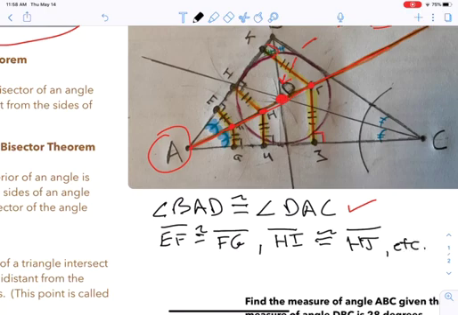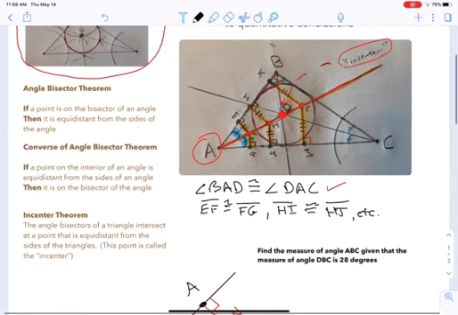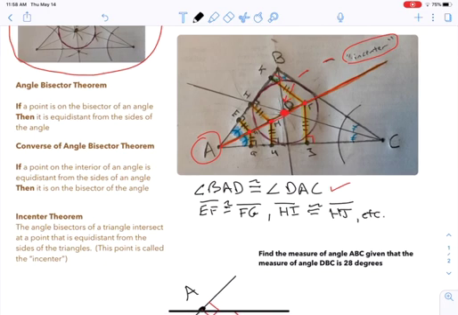With that said, I think that we're ready to go to some new theorems. We have what's called the angle bisector theorem that says that if a point is on the bisector of an angle, then it's equidistant from the sides of the angle. Which means, for instance, that this point F right here, since it's on the bisector, has to be equidistant from the sides, and I've shown that here.